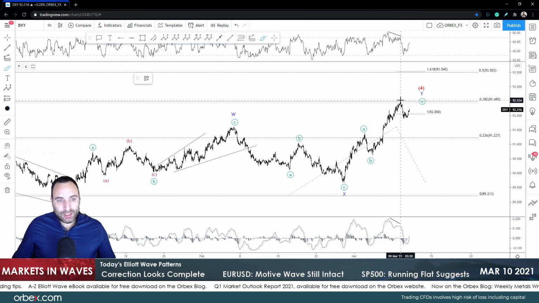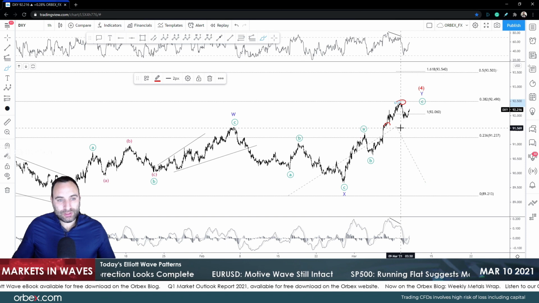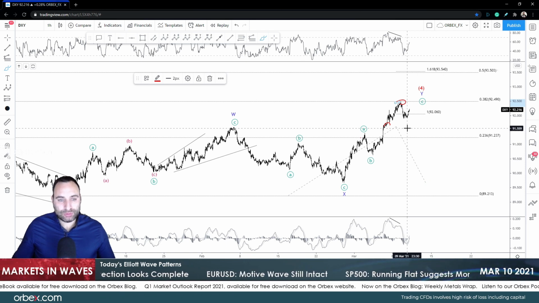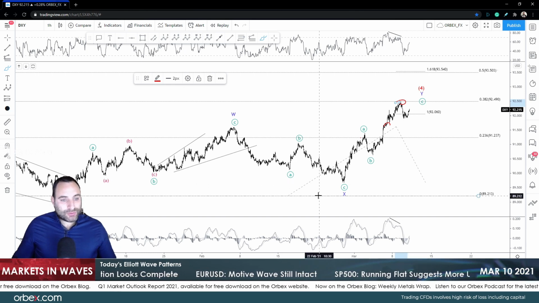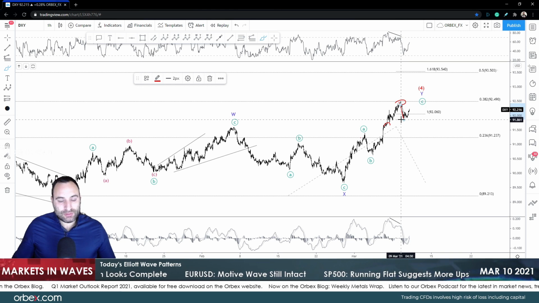Index. Last time we talked about the index, we were down here and we were looking at the 38.2 to get filled in. So with that now coming in, we're expecting a correction which has already played in.